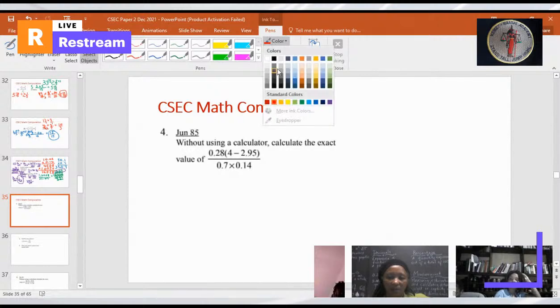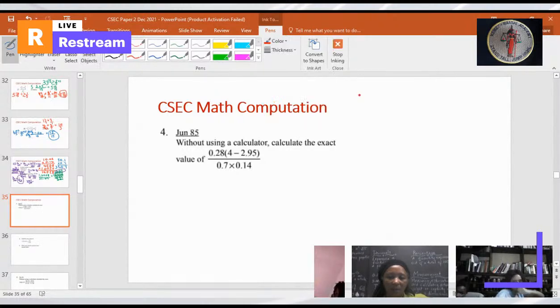All right, Amari. Okay, miss. 0.2, miss. Which part of it are you going to work first? Miss, the numerator, miss. Okay, but we have a number in front and we have brackets.